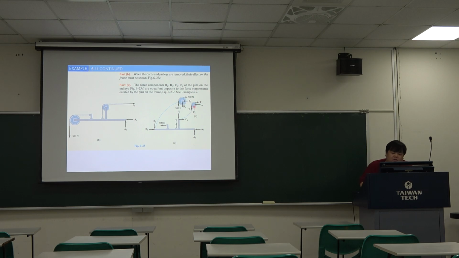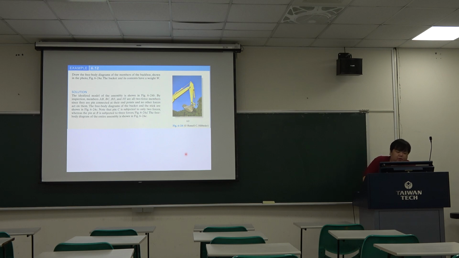Okay. So we can draw a free body diagram for each part of this object, this pulley. When we combine these three parts, then the internal force will disappear, and so just show the external force like this.